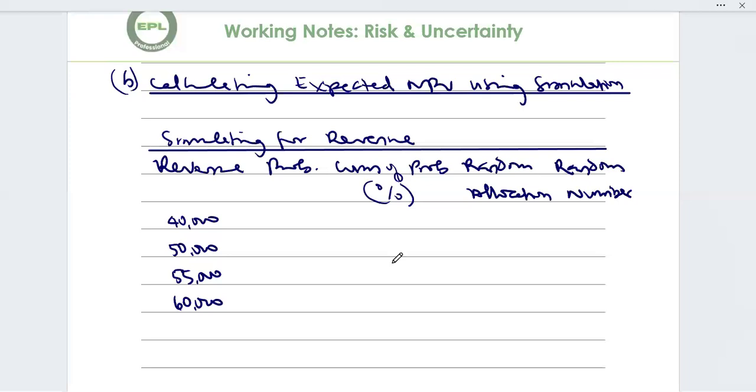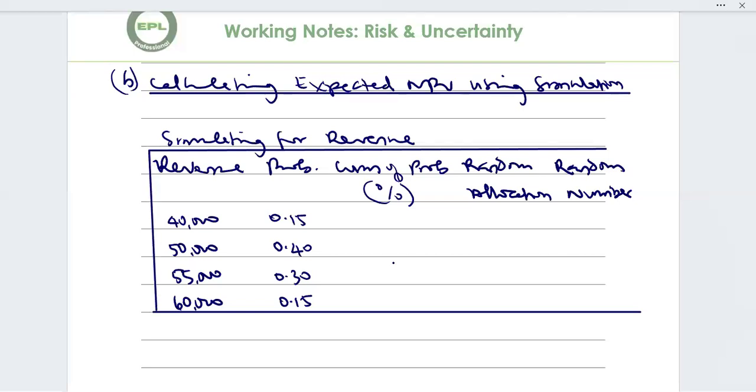Probability: 0.15, 0.4, 0.3, then 0.15. Okay, let me complete the table.